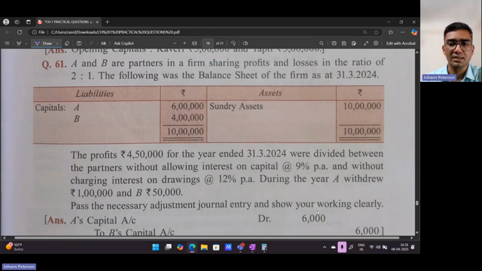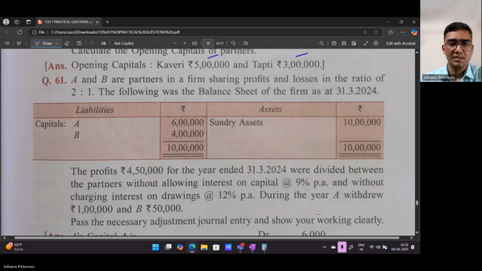Let's look at the next question. It says A and B are partners in a firm sharing profits and losses in the ratio of 2:1. The following was the balance sheet of the firm as of 31st March 24. Capitals are given. You have some assets given.